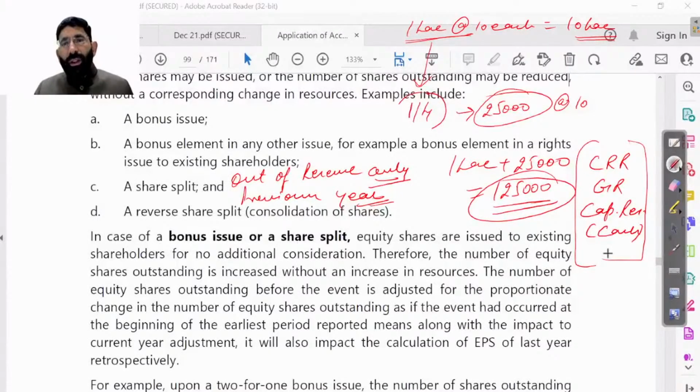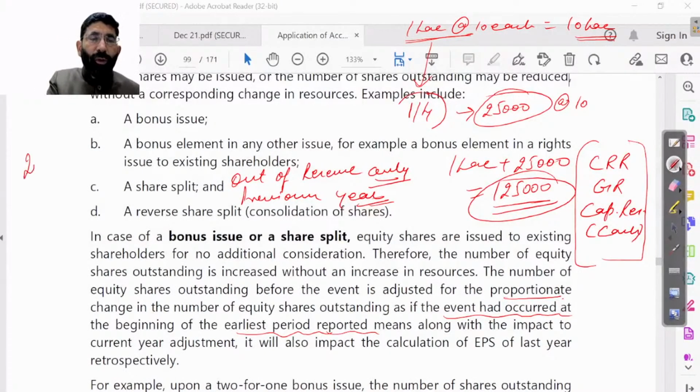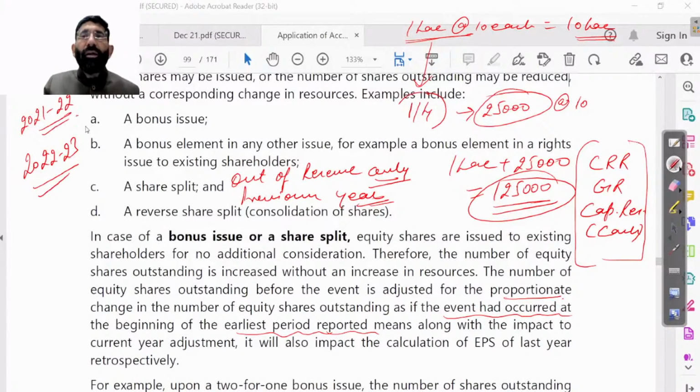If these are issued, then we will have to assume that this will affect your previous year calculation also. Now, whenever we are presenting our balance sheet for 22-23, do you know that we must give disclosure of our balance sheet of 21-22 with that?